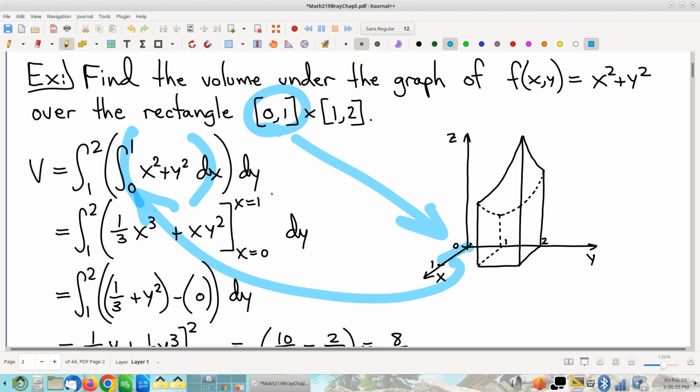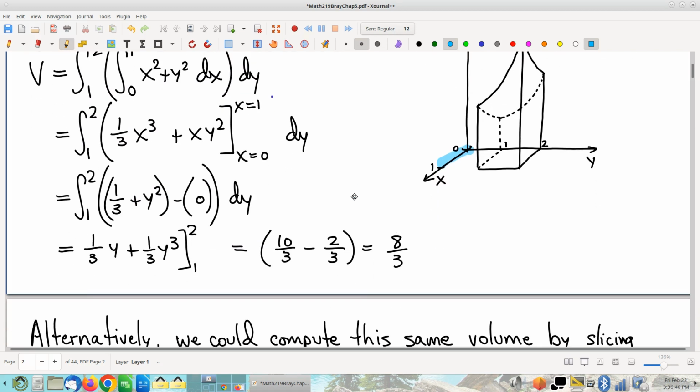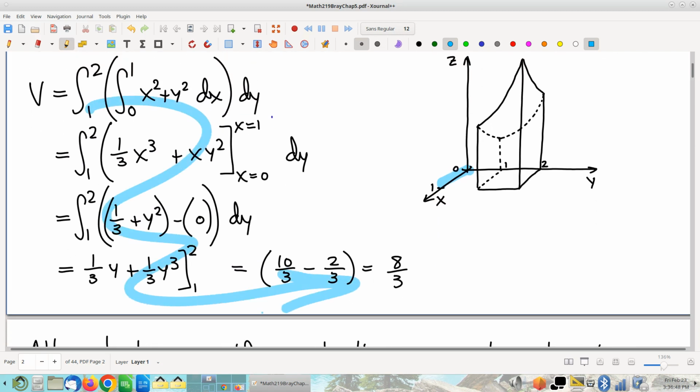Is that cool? Everybody else, is that all right? Likewise for the y's. Okay. Everything else is single variable calculus. Make sure you're good at that. I am going to assume that you're strong with single variable integrals and all that business. Good. Okay.